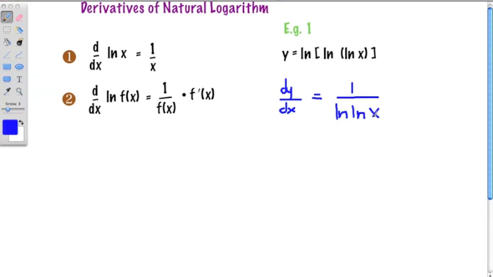But we must also remember, we have to differentiate this term, so we will get 1 over ln x. And last but not least, we still have to find the derivative of this part, and we will get 1 over x. So this is the answer, but we can rewrite it to make it a better answer. We can write it as 1 over x ln x. So this is the answer.